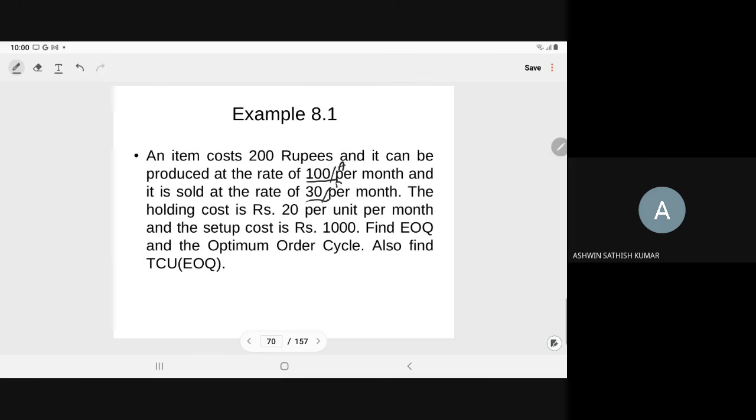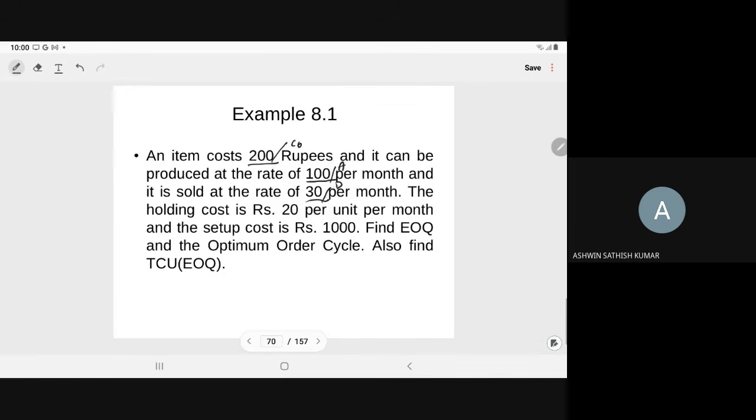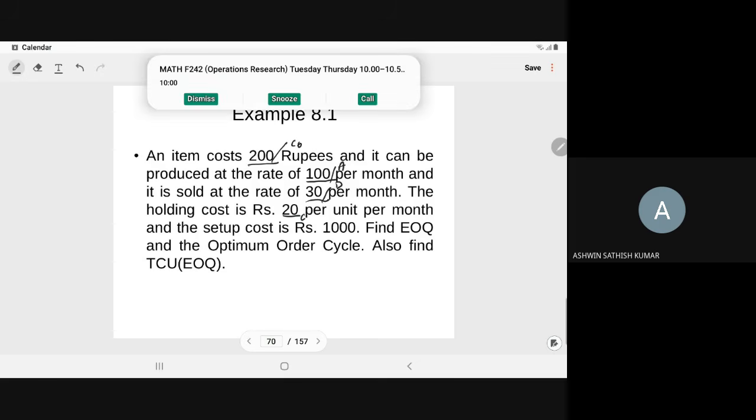This is the demand, because on the demand only we can sell, and it is the cost price. So it is given to you as C naught. The holding cost is rupees 20 per unit per month and setup cost is rupees 1000. So this is given to you as C1 and this is K, independent of the quantity.